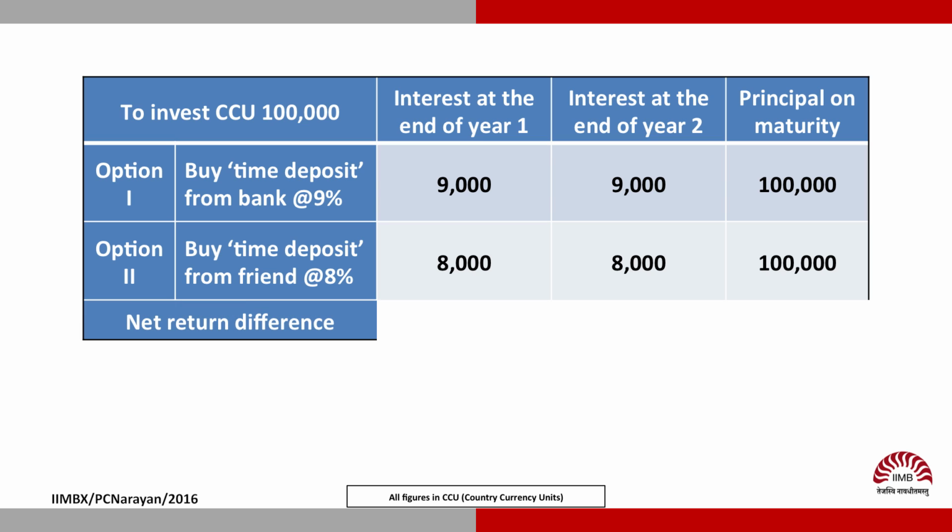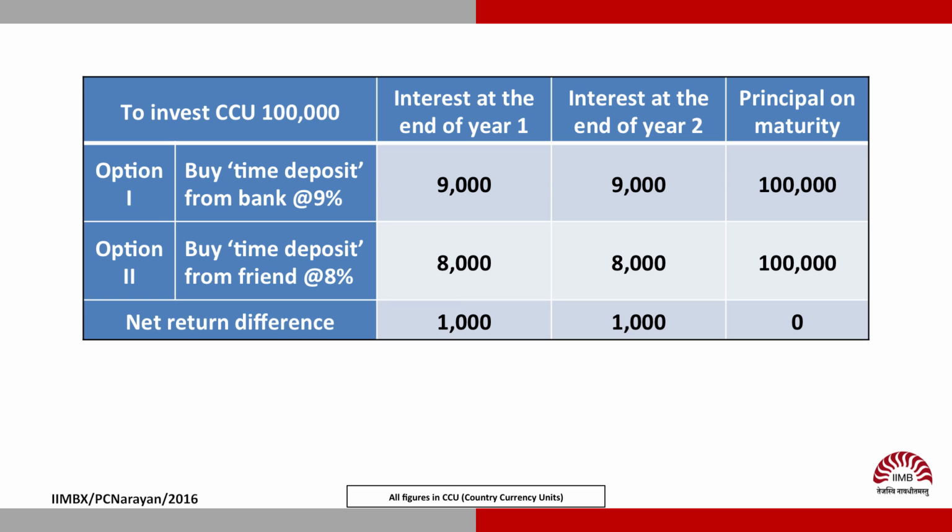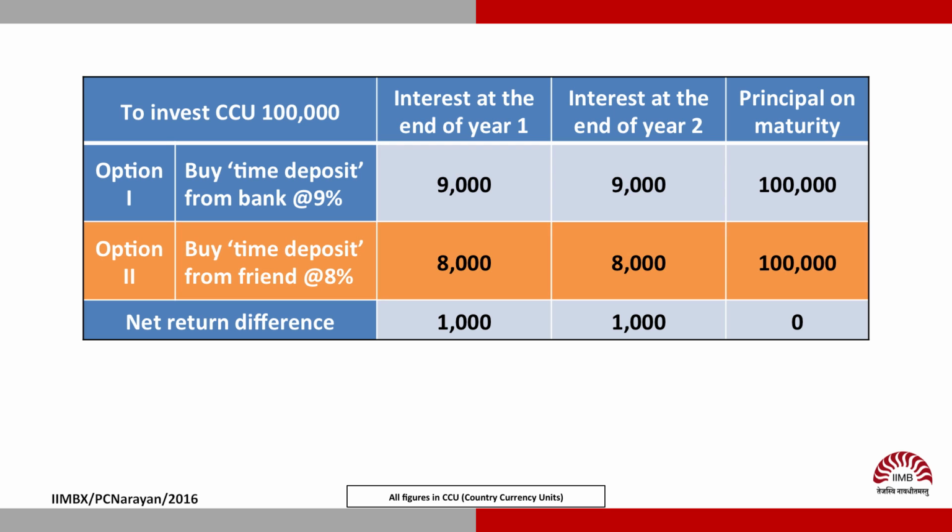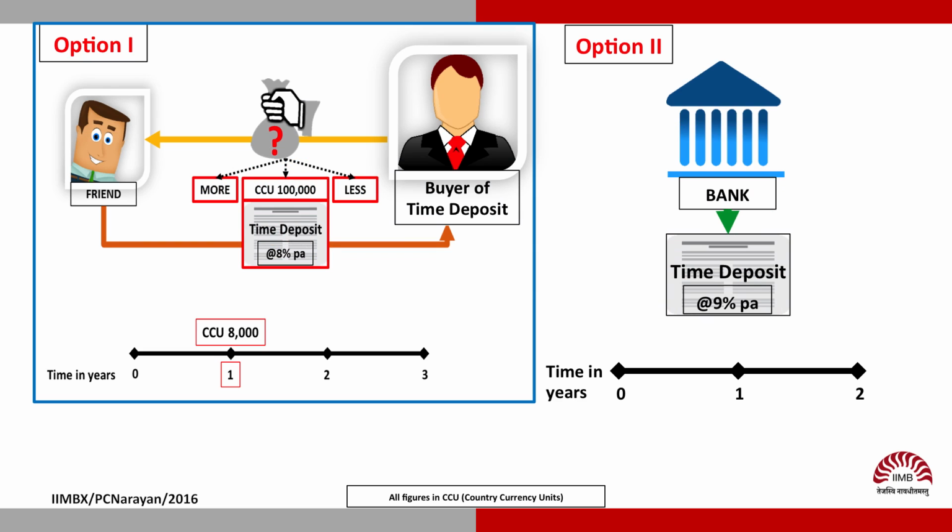Since your return will be lower by 1,000 currency units every year, that is 9,000 minus 8,000, if you buy the time deposit from your friend, you will tell him that you will take up his offer only if he would sell the time deposit to you at a discount, that is less than 100,000 currency units.